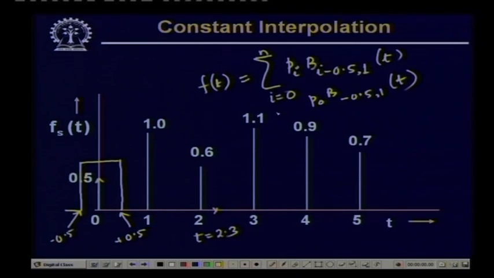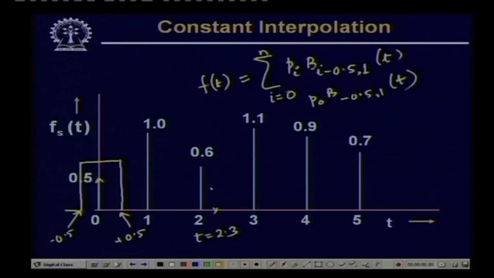Similarly, if I consider the effect of point P 1 to t equal to 2.3, the effect of point P 1 will also be equal to 0, because the product P 1 B 0.5 1 t is equal to 0 at t equal to 2.3.